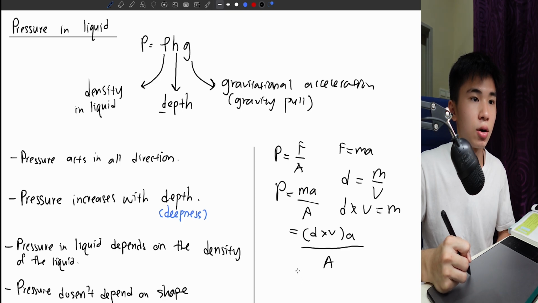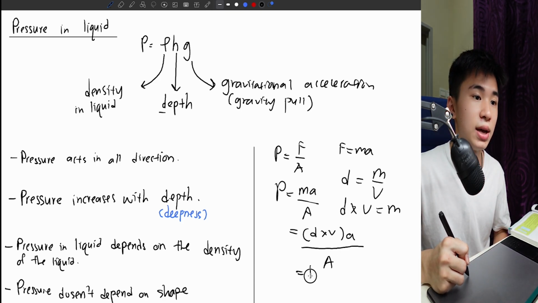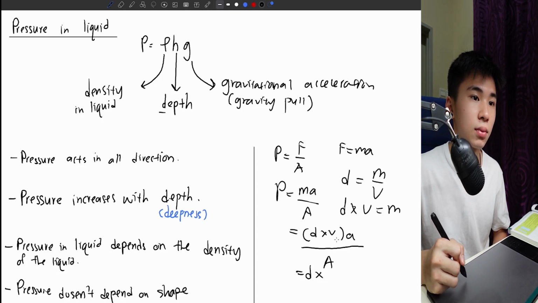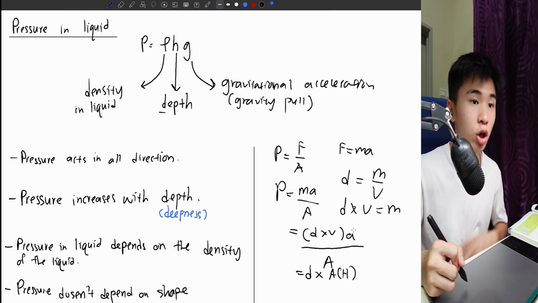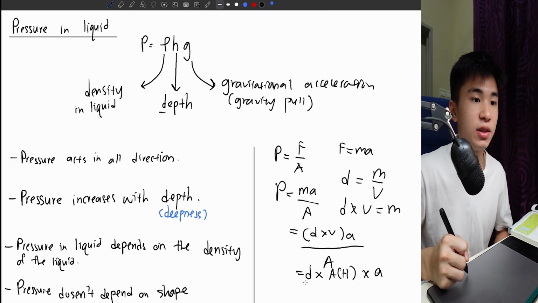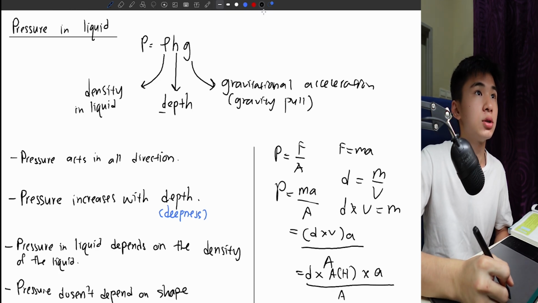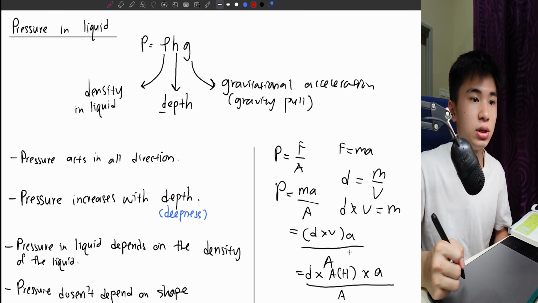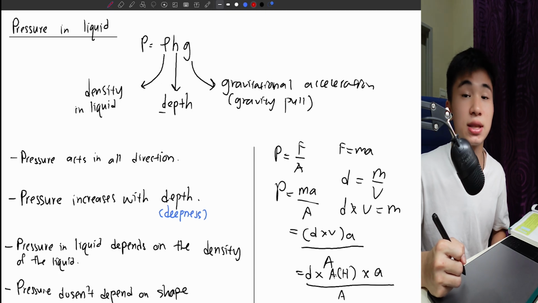We can further break this down into density times area times height, because area times height is our volume, times the gravitational acceleration, over this A. As you can see, our denominator has A and our numerator has A as well, which is the area.